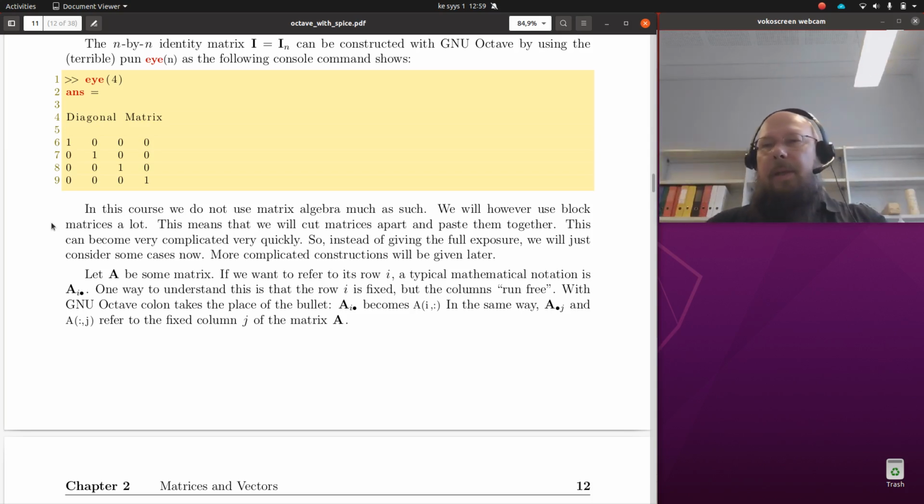This idea of how you physically would cut and paste rectangles is pretty much how it works. But of course you can do a lot of cutting and a lot of pasting, and it becomes very complicated very quickly. Let us have a couple of examples to see how this works, and to really understand and get used to it. You just play around with Octave, and this is what we are going to do.